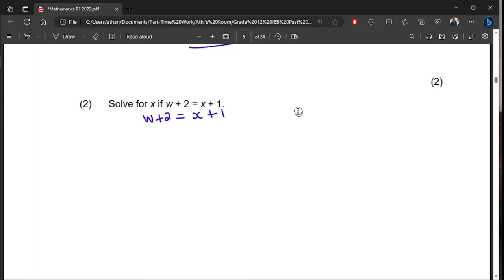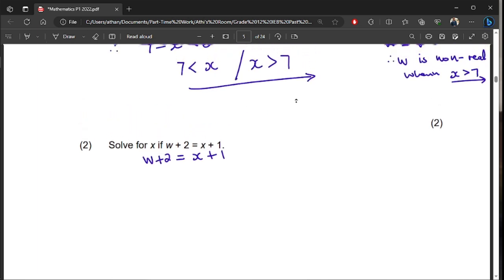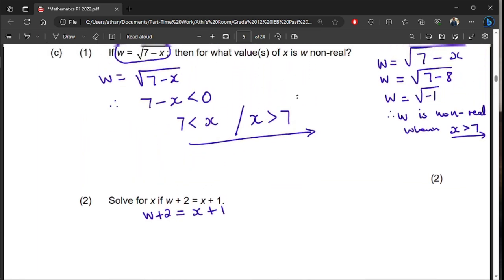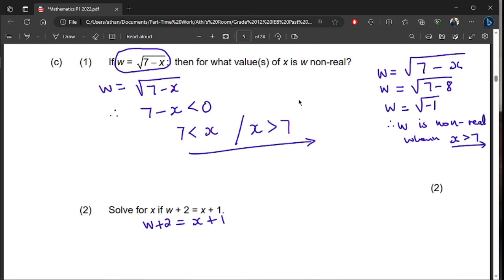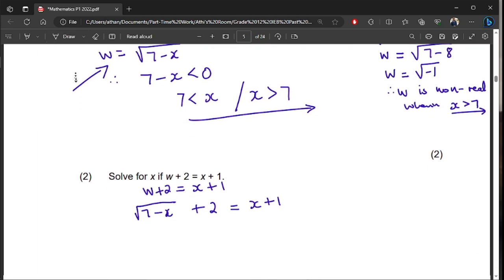Solve for x if w plus 2, w we had it at the top, so it's a follow-up question basically. That was our w, we're given w. What I'm gonna do now is just substitute: square root of 7 minus x, plus 2, is equal to x plus 1. Then we get an equation that we have to solve.